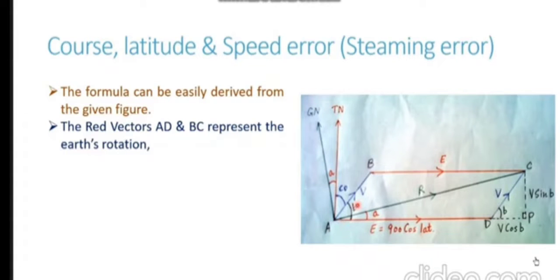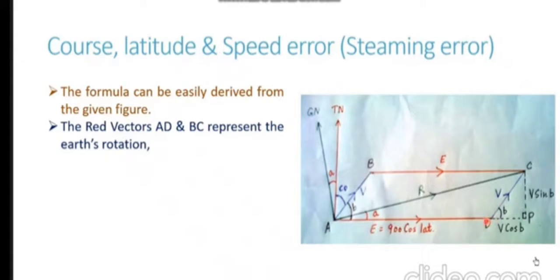Now, if you look carefully, there is a parallelogram A, B, C, and D. We have drawn it to find the resultant of the vector forces. This is used for vector addition and finding the resultant.